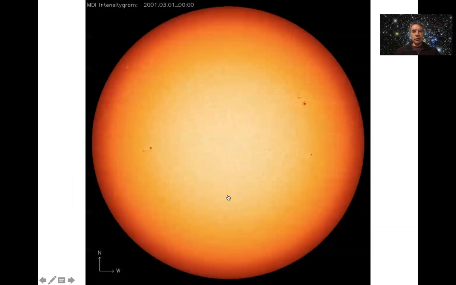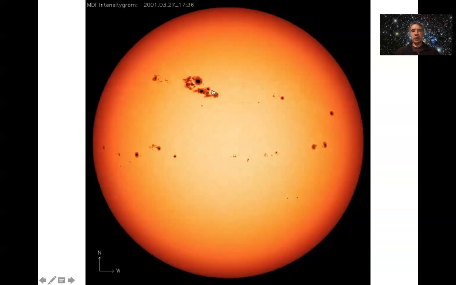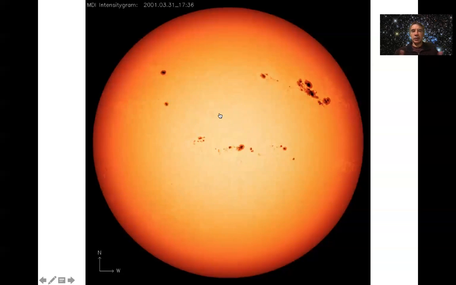So I want to just remind you first of the kind of phenomena that we see on the sun. So in this little movie, you see the sun rotating. The sun rotates about once a month, and you can see the groups of sunspots, which are the signs of magnetic activity on the sun.